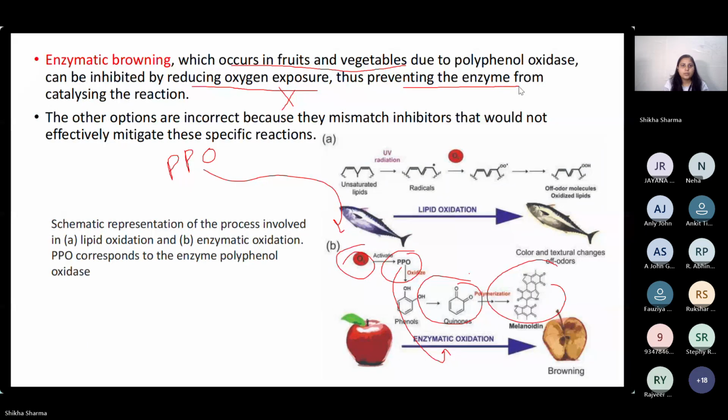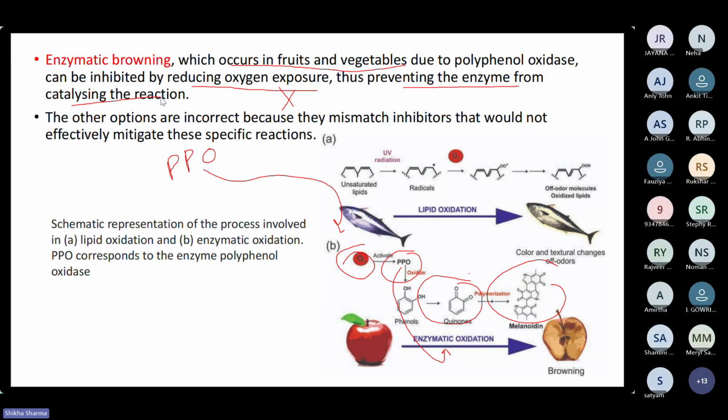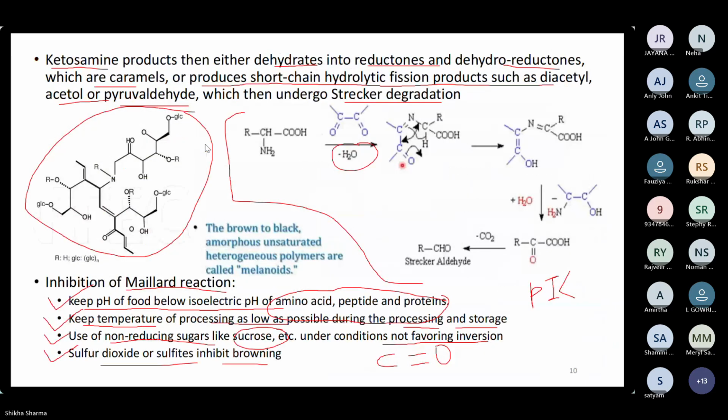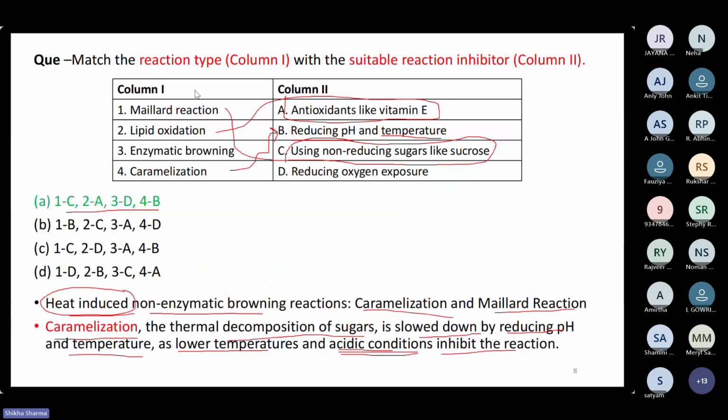So we can prevent the enzyme from catalyzing the reaction if we have vacuum conditions for our food storage. So enzymatic browning is related to reducing the oxygen exposure to stop the reaction.